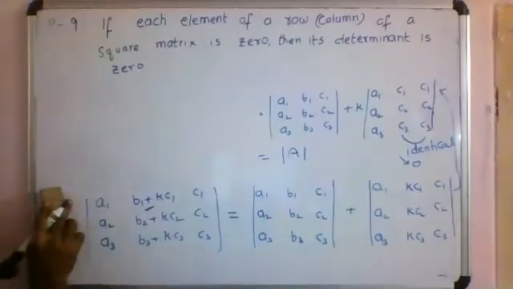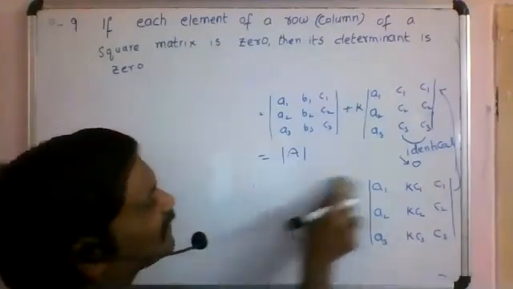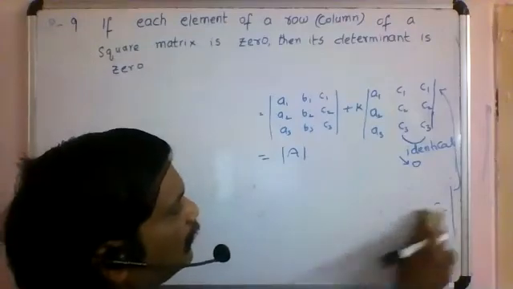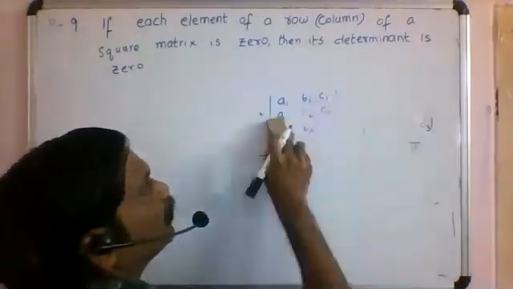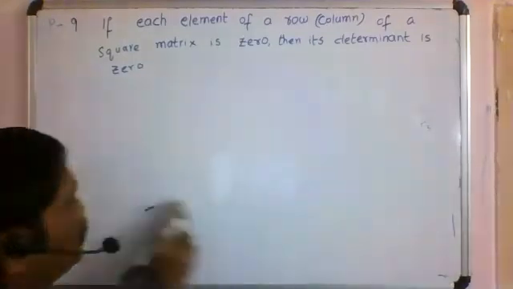There is nothing to prove there. You can expand through any row or any column, and you will observe the value to be 0.